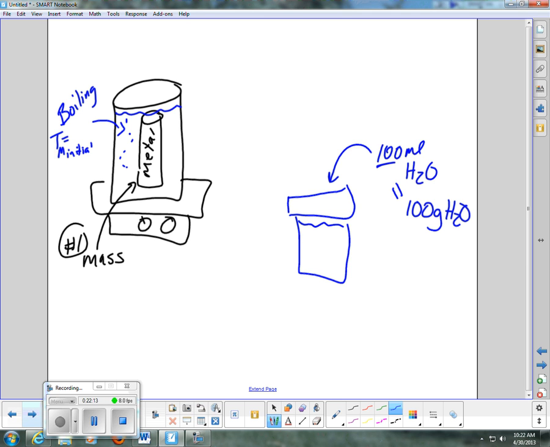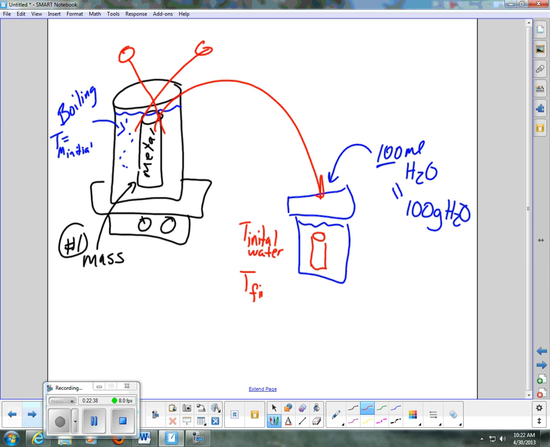Now what you're going to do is take tongs and transfer that metal into here. I didn't keep track of the numbers. You're going to have the initial temperature of the water before you put that in, and you're going to have the final temperature of the water.